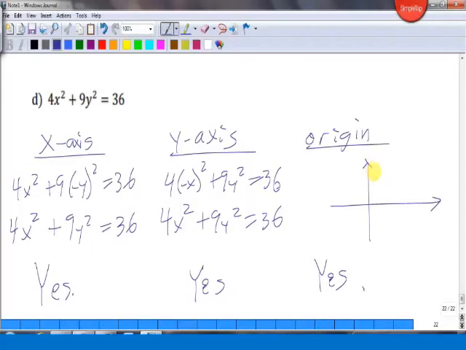If you think x-intercepts, I think plus or minus 3. Check it, but I think plus or minus 3 on the x-axis, and maybe plus or minus 2 on the y-axis. So it's a circle maybe that somebody sat on. Something like that, I believe, is what the graph looks like.